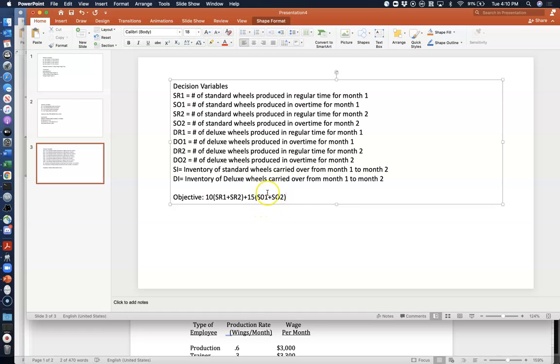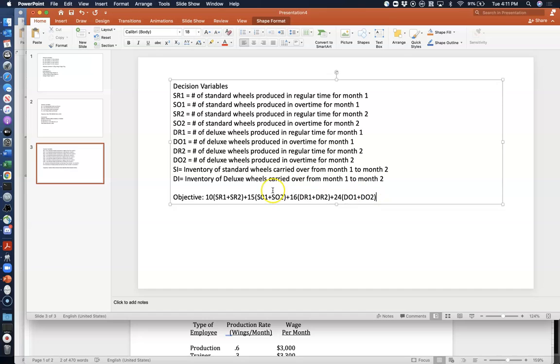So this is the standard wheels made in overtime in the 2 months, and then $16 times DR1 plus DR2, total number of deluxe wheels made in regular time in the 2 months, plus $24, right? 50% more than that, times DO1 plus DO2. Right?